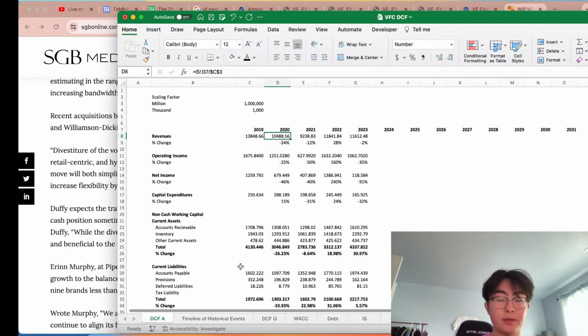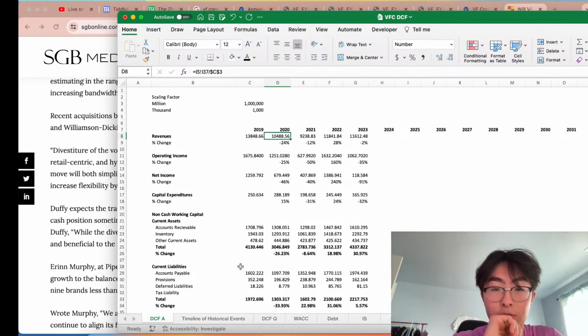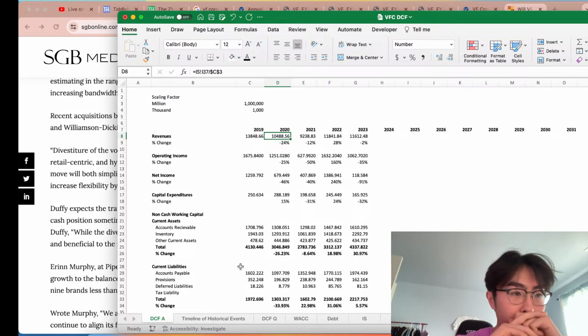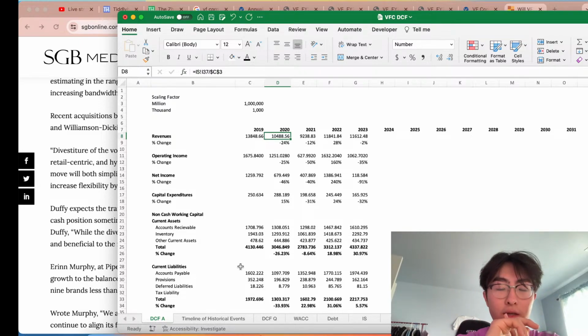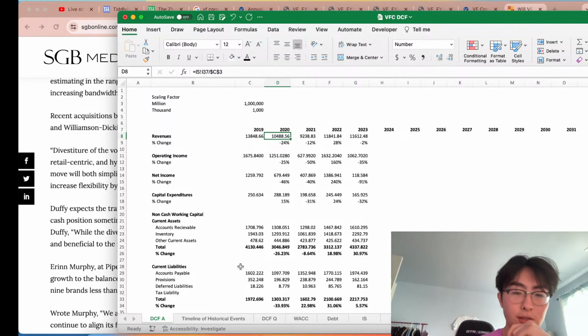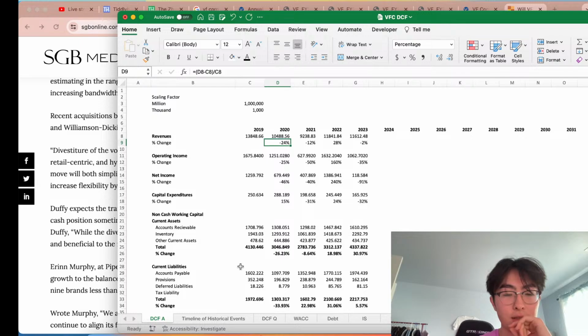So this drop here actually is a result from the divestiture of the different assets. So the spin-off of the jeans, and then also the divestiture of work segments, it's caused this.